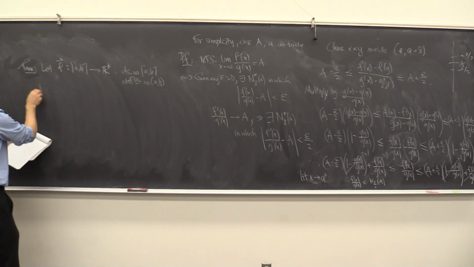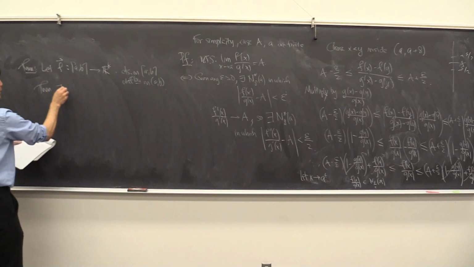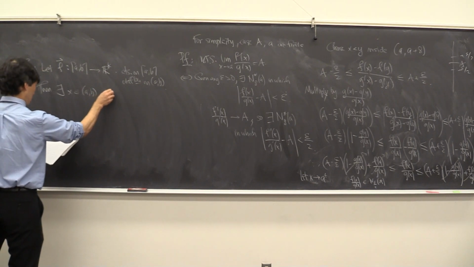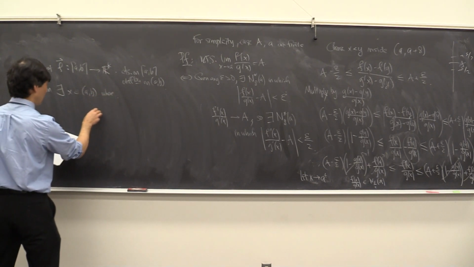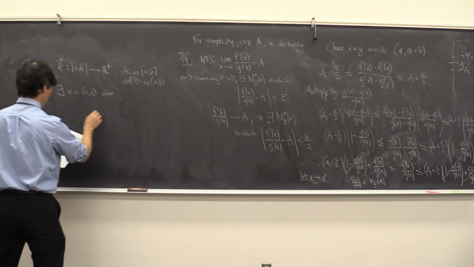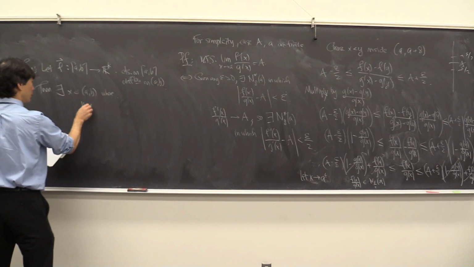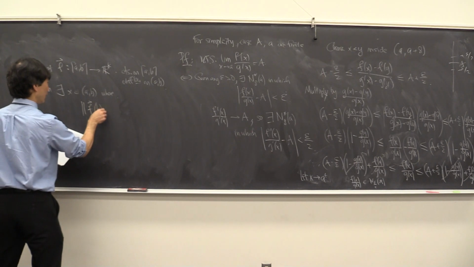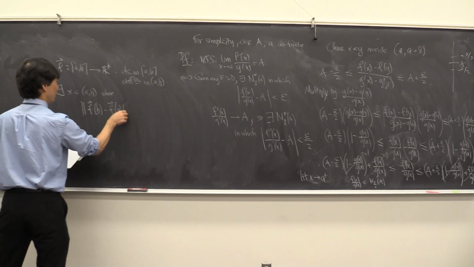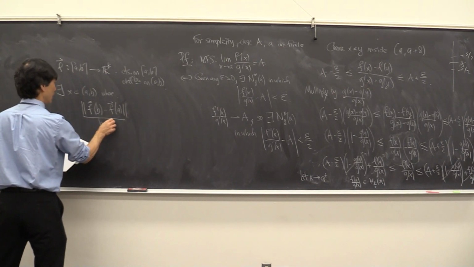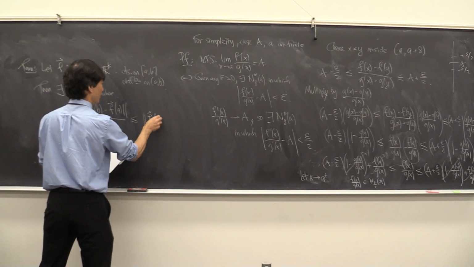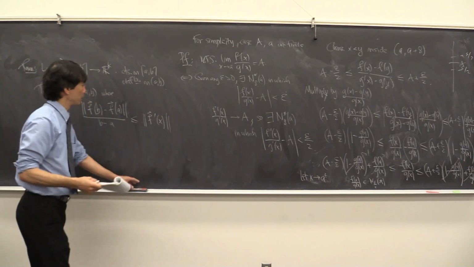Okay, so then you're guaranteed a point in the interior where the size of f of b minus f of a over b minus a is controlled by f prime at that point.